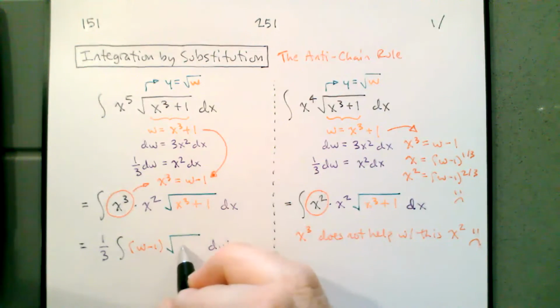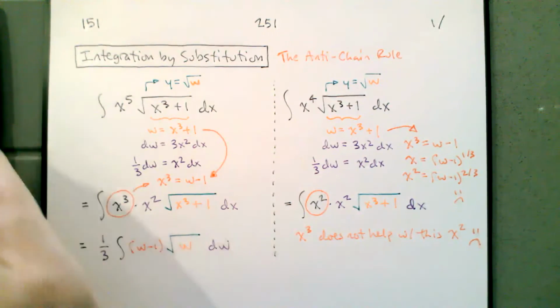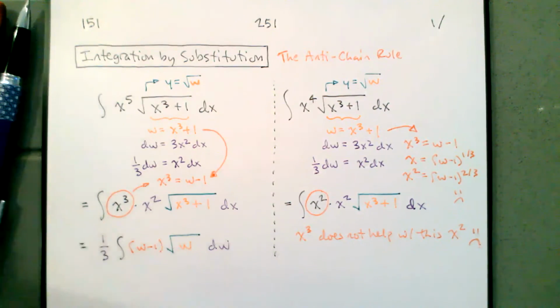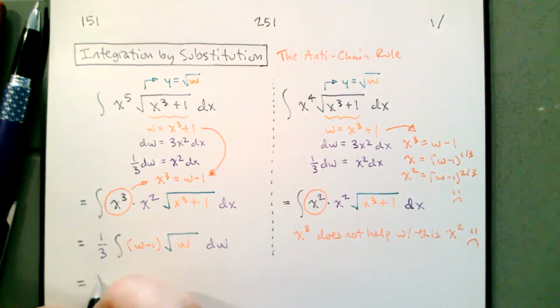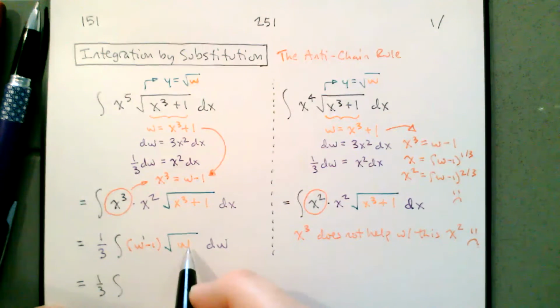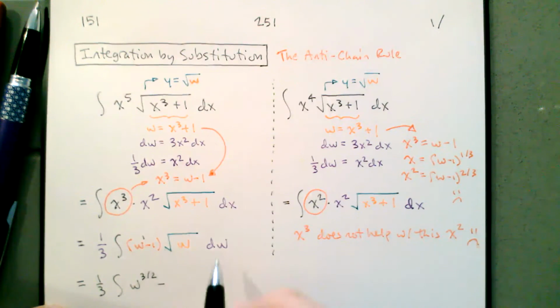And x cubed plus 1 is replaced with w. The benefit is I've got one radical, the square root of w, and I can distribute it to the w minus 1. Now I can write this as powers of w. So I have a 1/3 integral of w to the 1st times w to the 1/2 is w to the 3/2. 1 times w to the 1/2 is w to the 1/2.